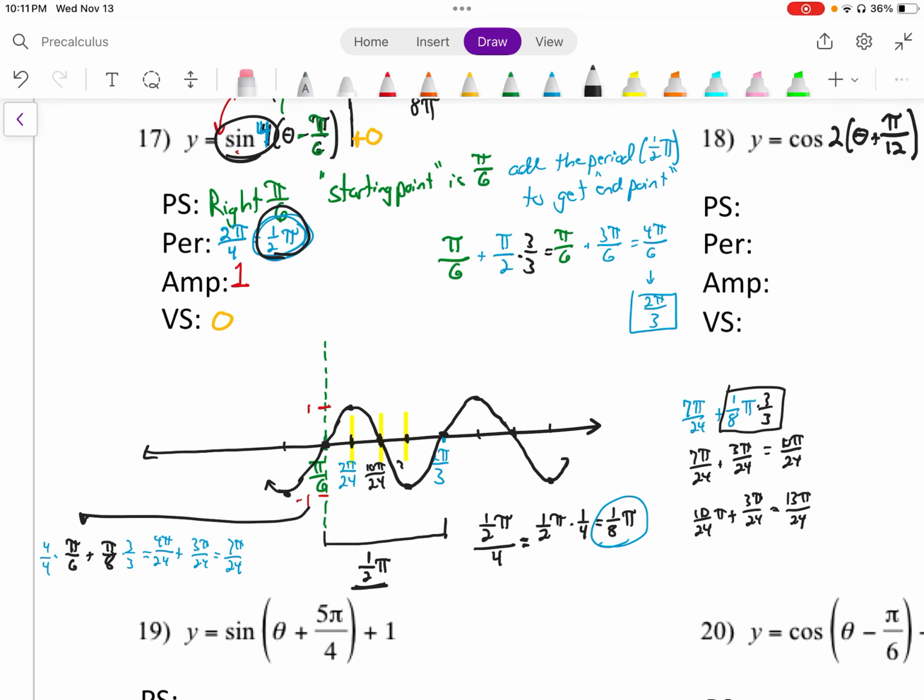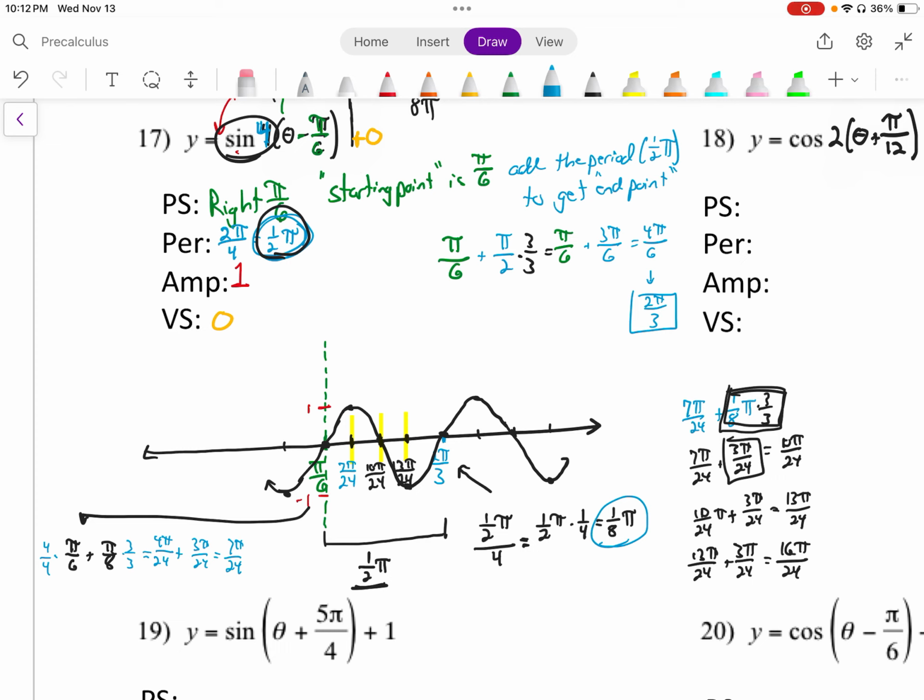So that's going to be this spot, 13 pi over 24. And then just to check here, we're going to take that 13 pi over 24, add another 1/8 pi, so another 3 pi over 24, which gives us 16 pi over 24, which should be this spot right here, which is hard to see.